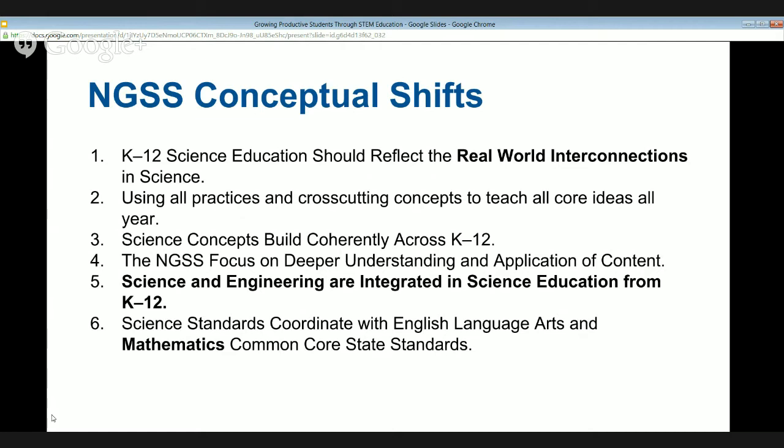The focus is on core ideas. Facts and details are now being used as evidence, but not the sole focus of instruction. And that's where we get into the deeper understanding and the application of the content.